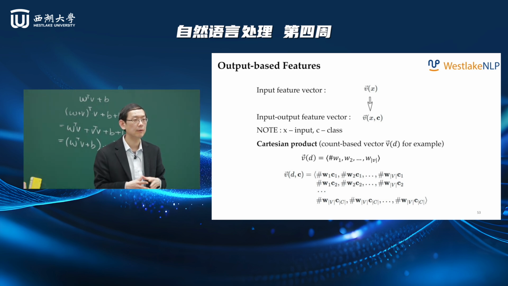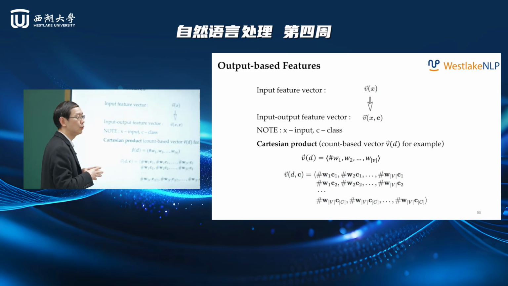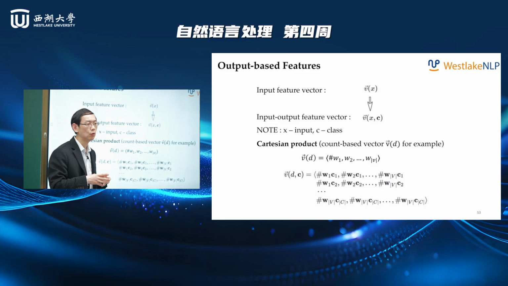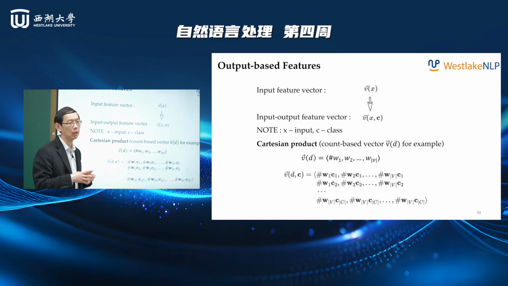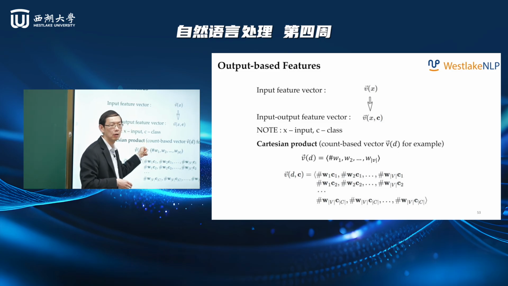It's a vocabulary-size vector. Now, if you also want to take C into consideration, then what do you do? You do a Cartesian product. What do I mean by Cartesian product? You compose this V vector with all possible C's.